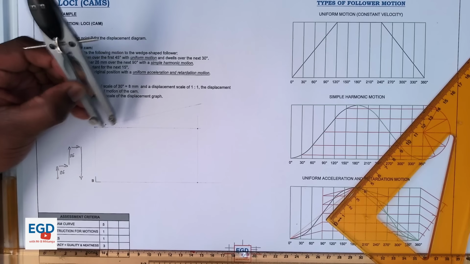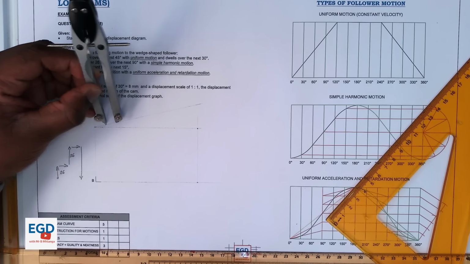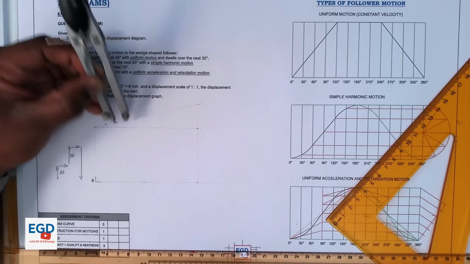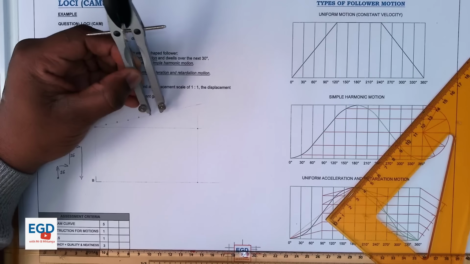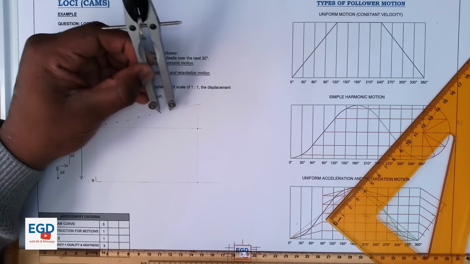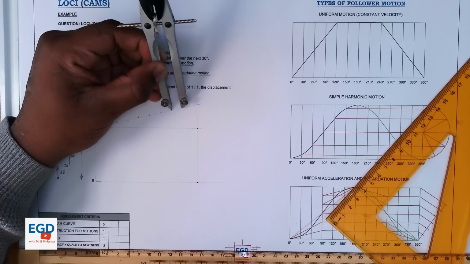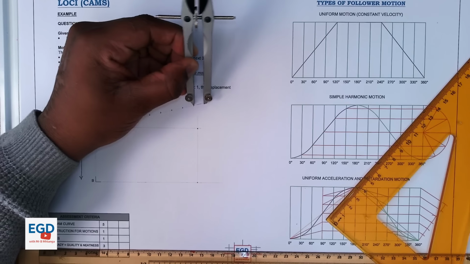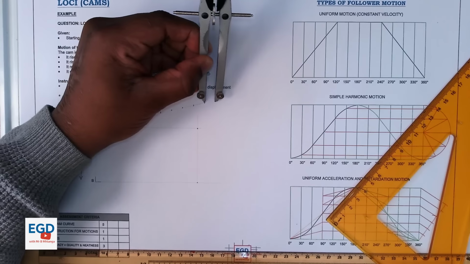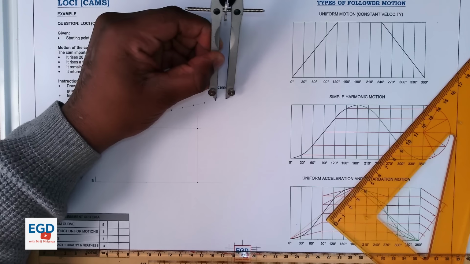So it's 1, 2, 3, 4, 5, 6, 7, 8, 9, 10, 11, 12.